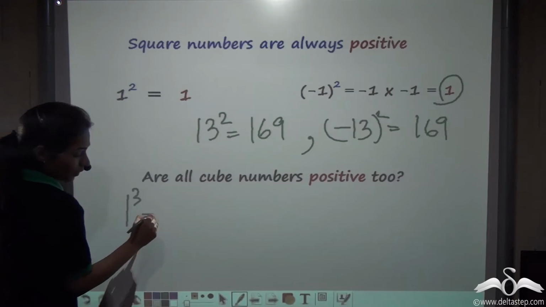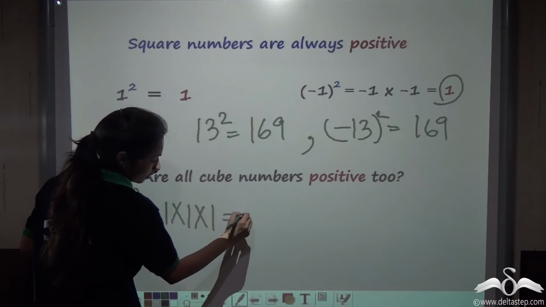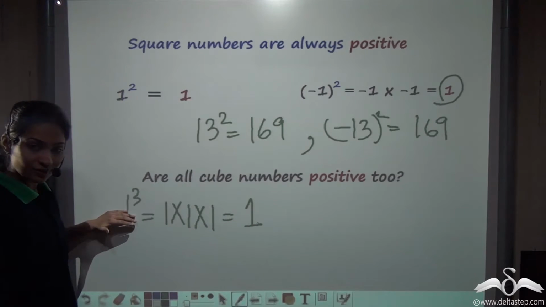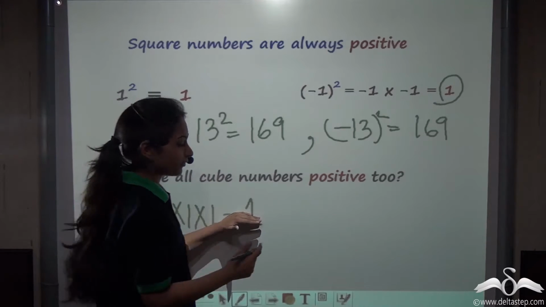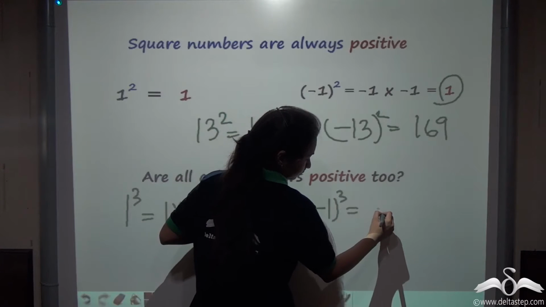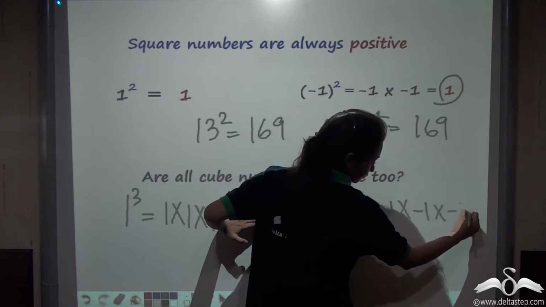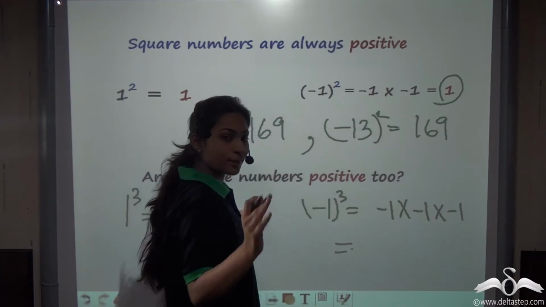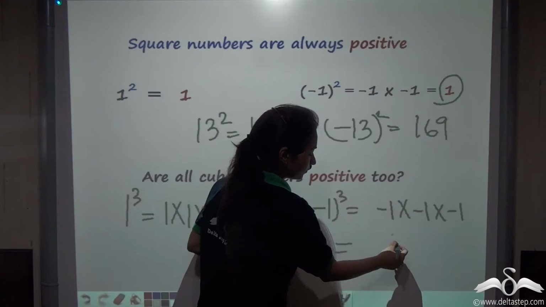1 cube. What is 1 cube? 1 multiplied with itself 3 times. We get 1. So a positive number when cubed gives us a positive number. Let's see a negative number. What do you get? Tell me the answer. 1 into 1 into 1 gives us 1.